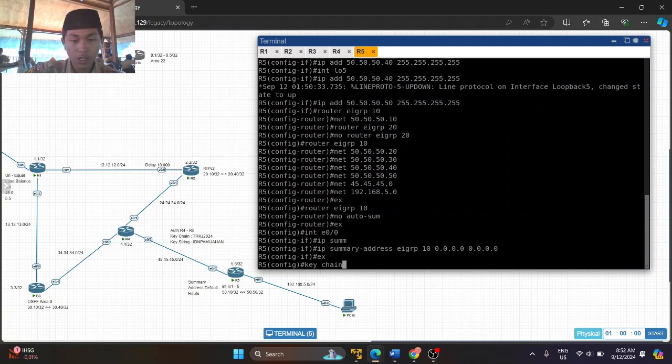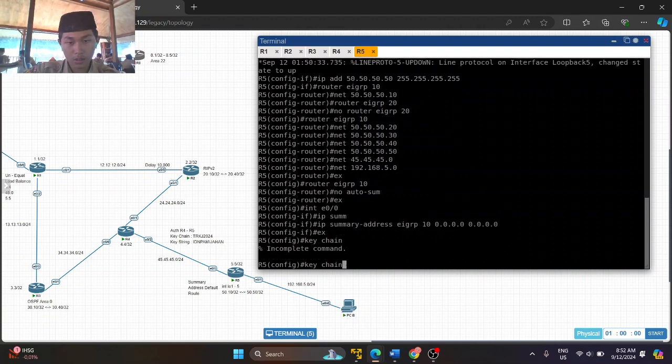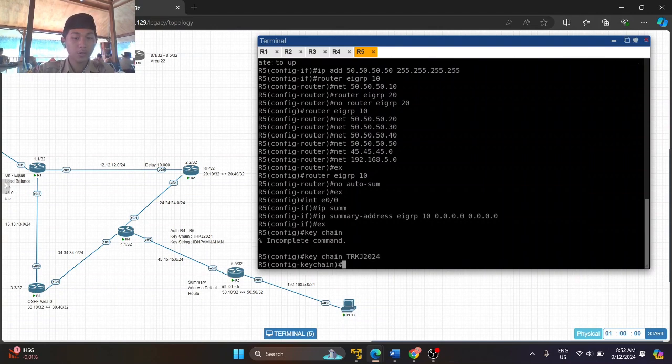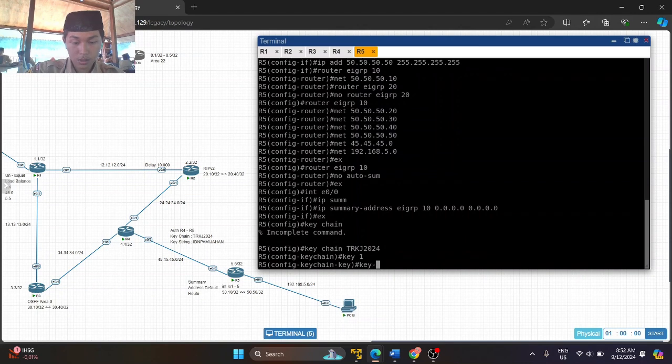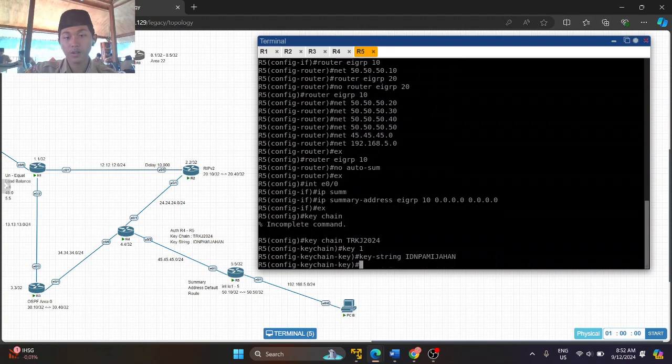Let's add keychain KJ 2024 key 1 key string IDN pamijahan.